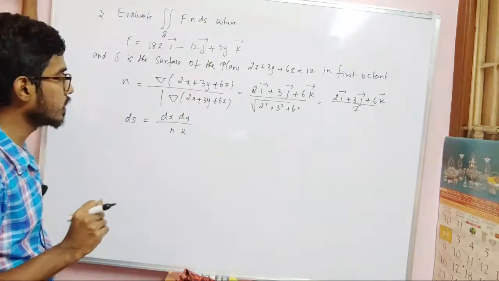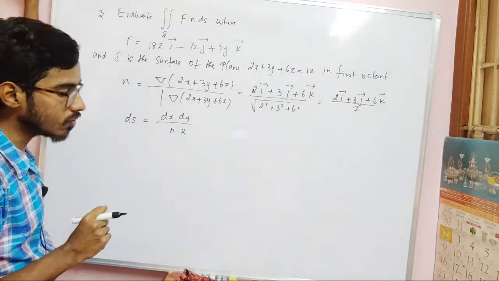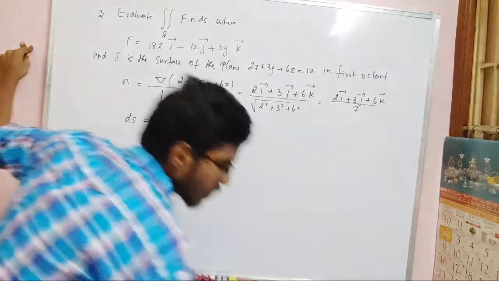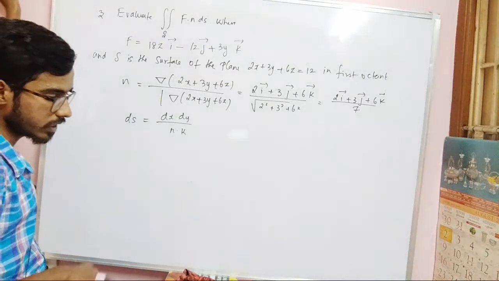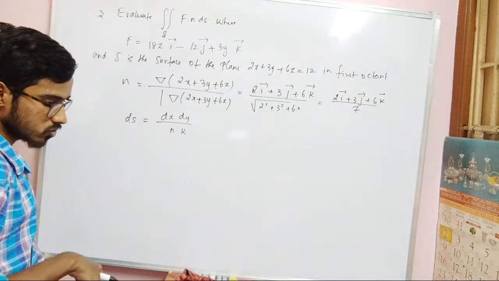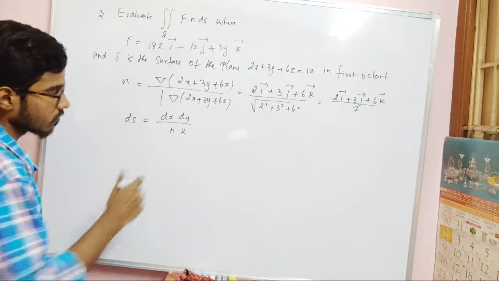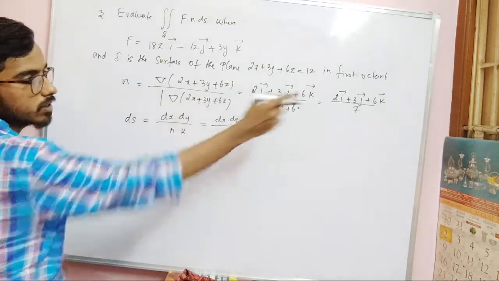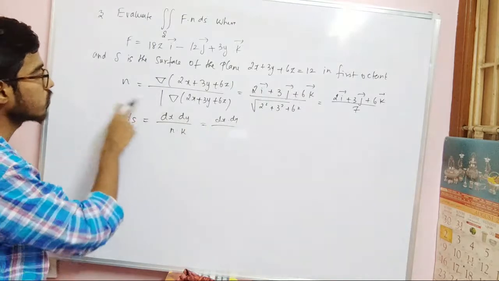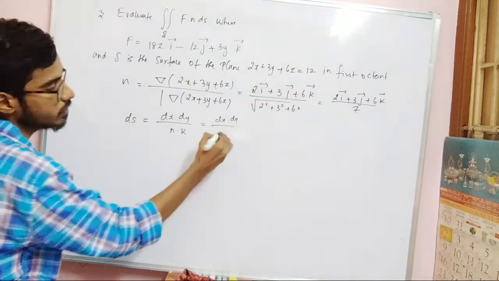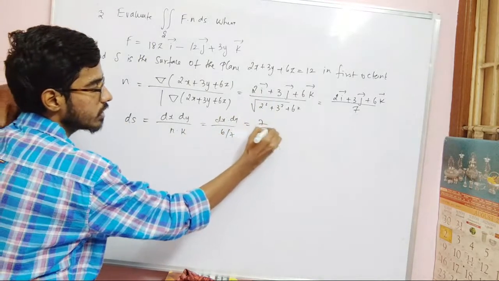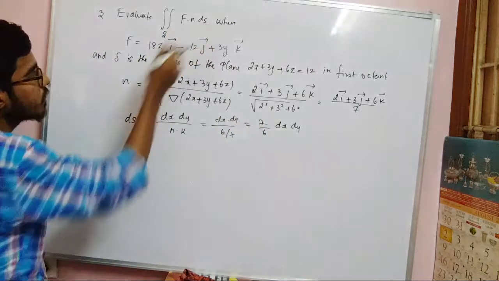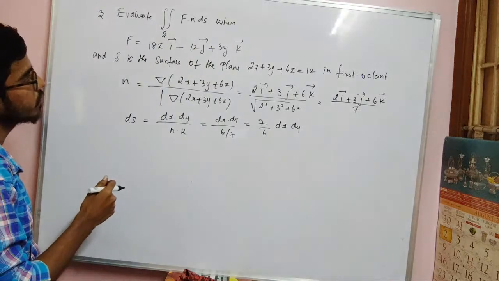So what will be my n dot k? n is 2i plus 3j plus 6k by 7, so n dot k is 6 by 7. So dS is nothing but 7 by 6 dx dy. Now we will find F dot n dS, so we will find F dot n.